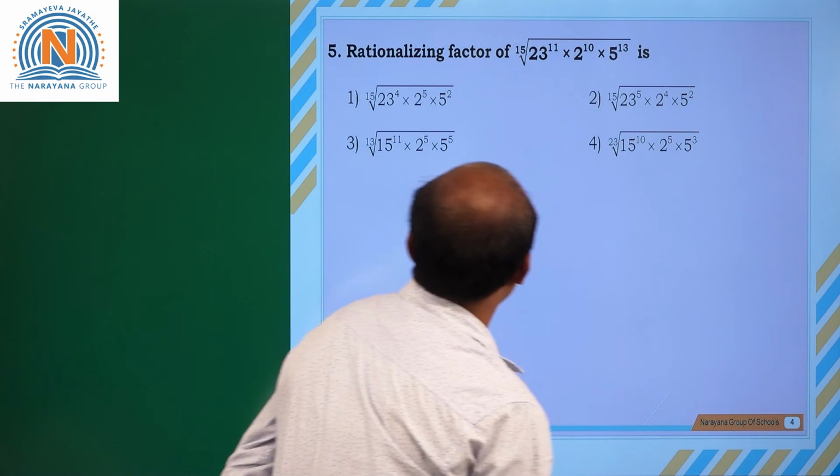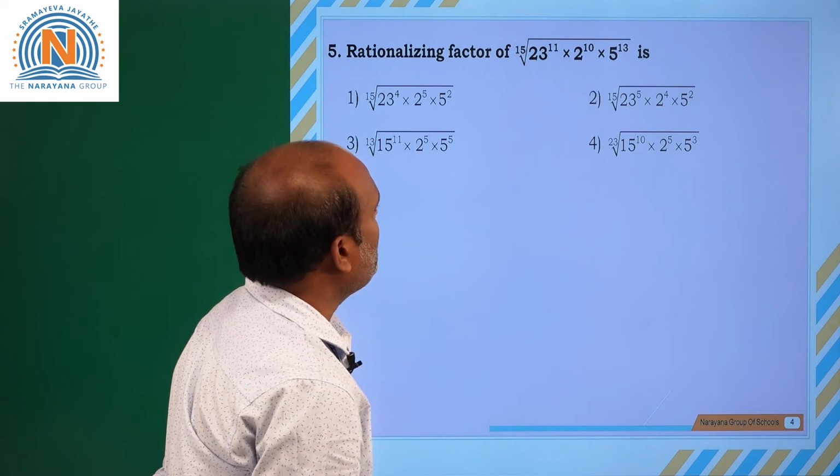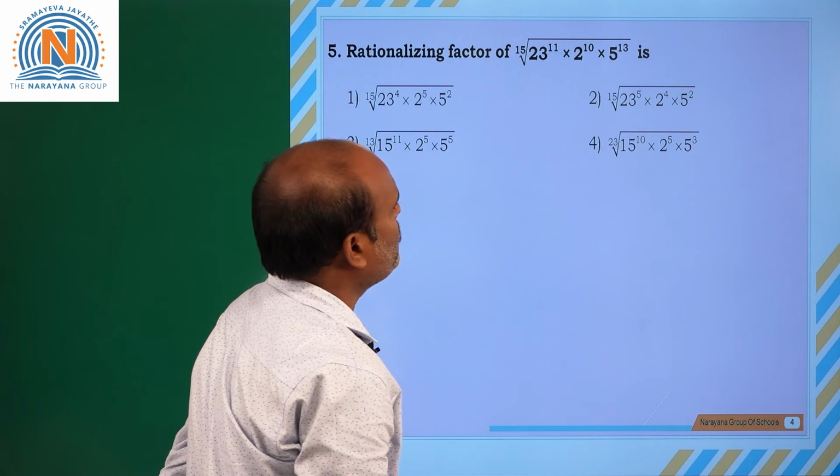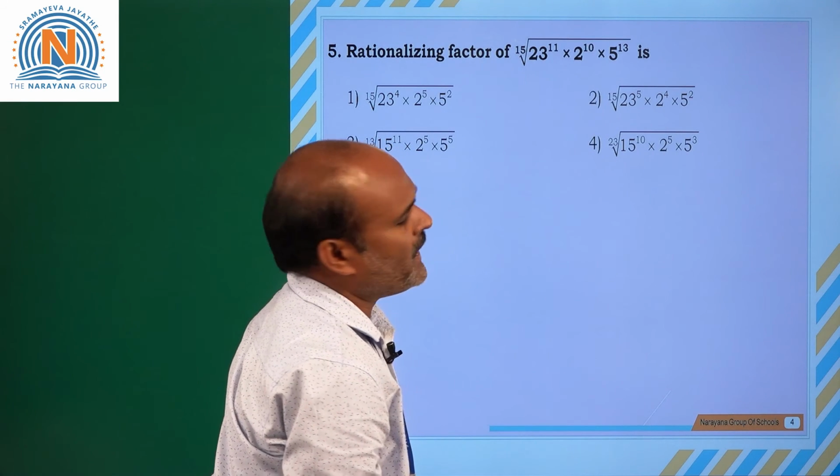Now coming to the next one, rationalizing factor of 15th root of 23 whole power 11 into 2 power 10 into 5 power 13.